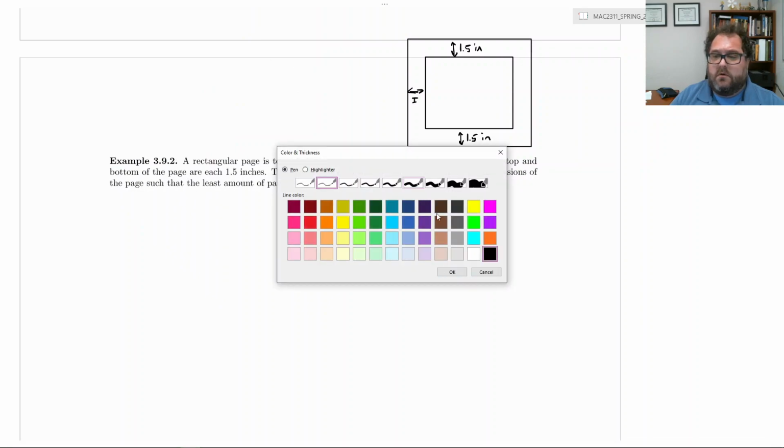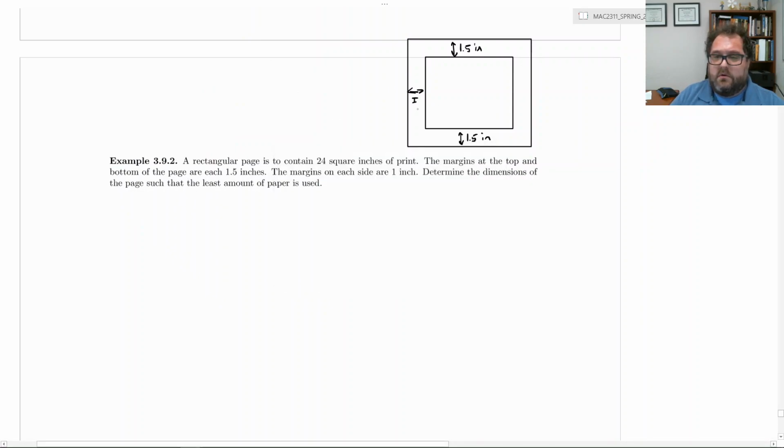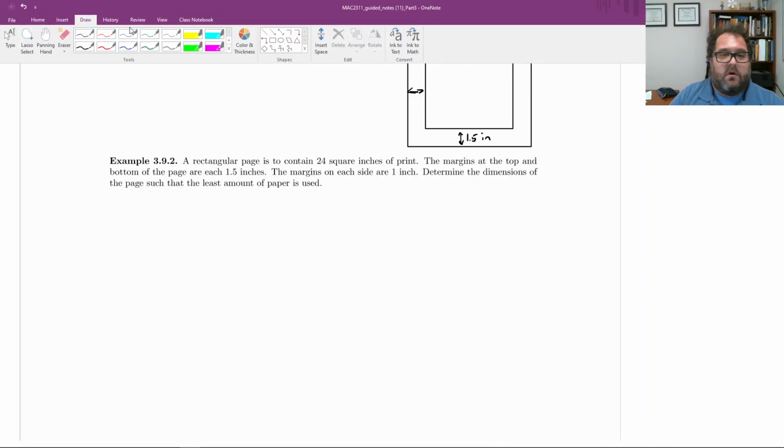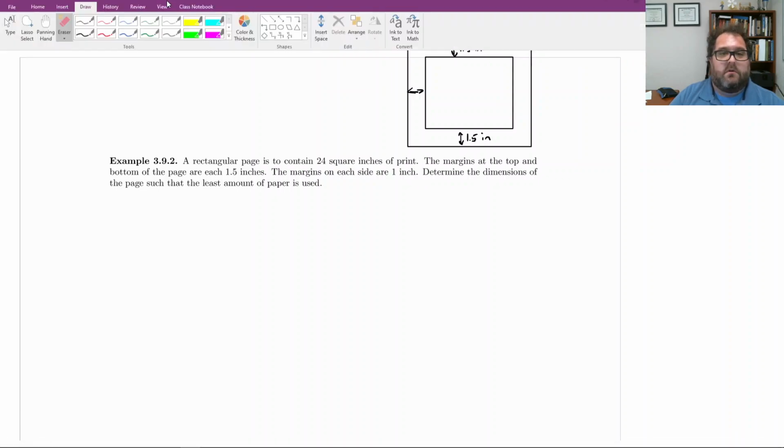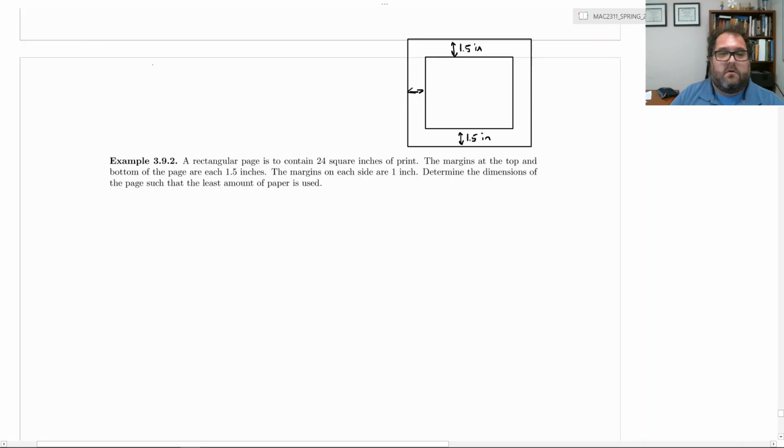Color, white. There we go. All right, 1 inch. We'll say 1, not enough room to put inch. Okay.